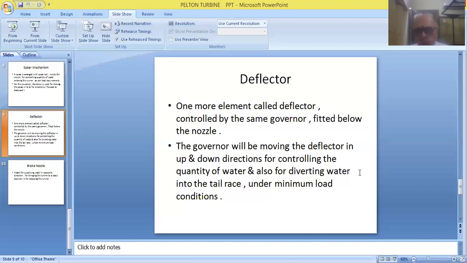So we have two elements, the spear mechanism, that is the first arrangement, and the deflector mechanism, the second arrangement. Both these elements are very, very essential for controlling the quantity of water that is entering the turbine.